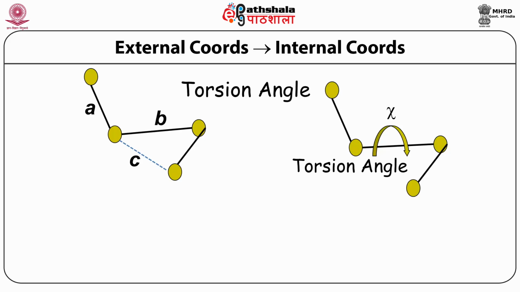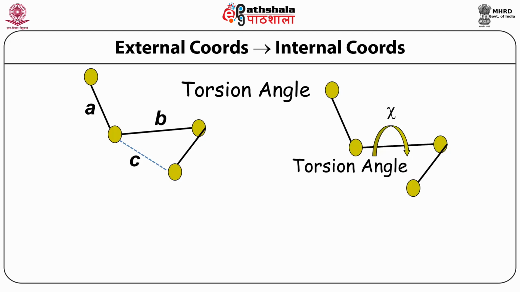Now these two planes may be coplanar, that is both of them may be embedded in another bigger plane, or they need not be. If they are not, then there is a certain angle between the two planes, and this angle is the torsional angle. Now this also can be calculated given the external coordinates. Just like in case of the bond angles, we can go ahead like this.